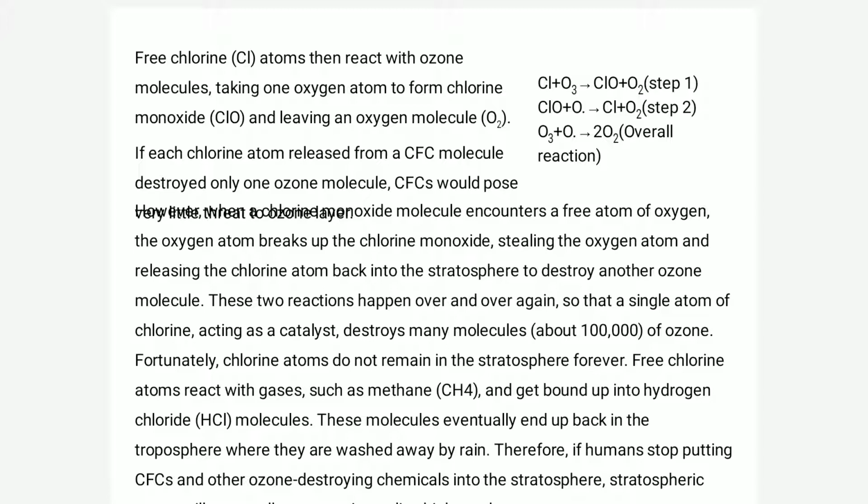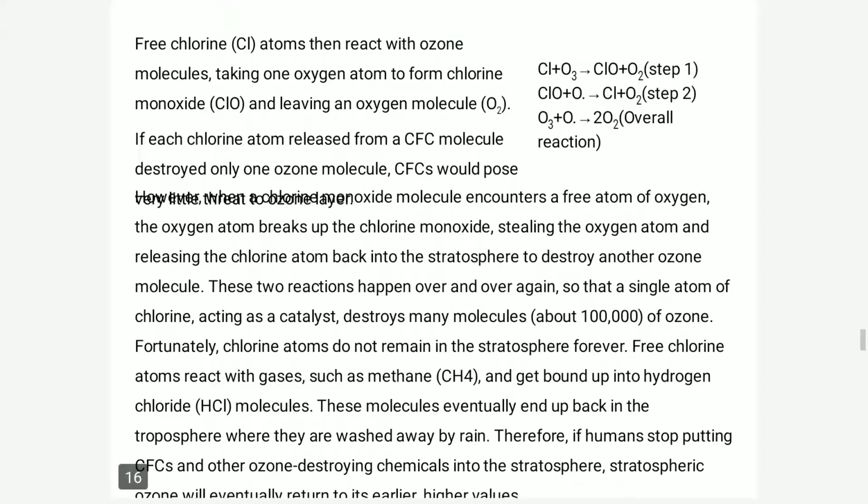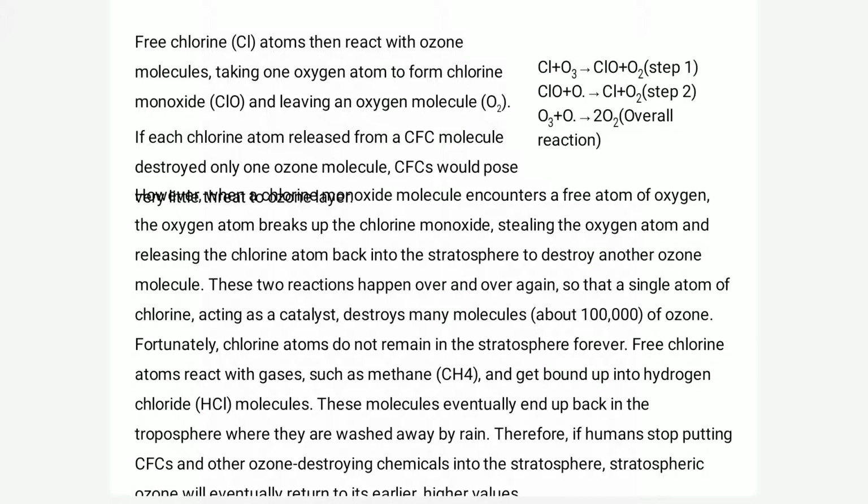Now these free chlorine atoms react with ozone molecules, taking one oxygen atom to form chlorine monoxide and leaving an oxygen molecule. Each chlorine atom released from a CFC molecule destroys one ozone molecule.